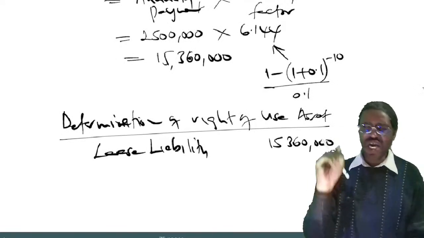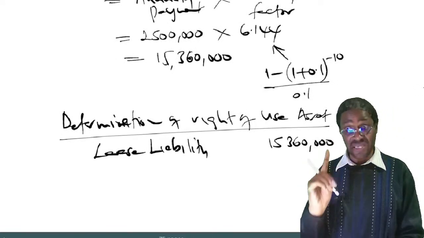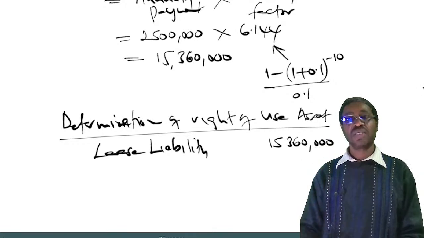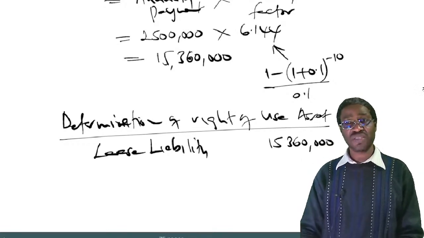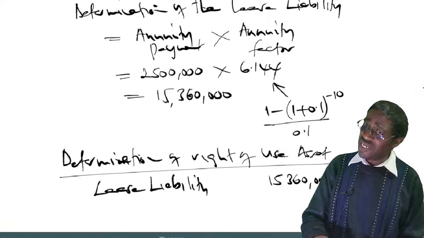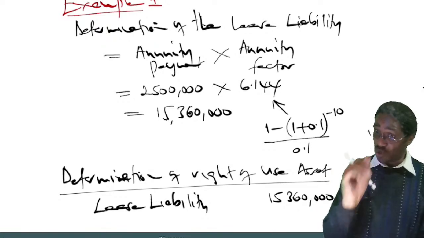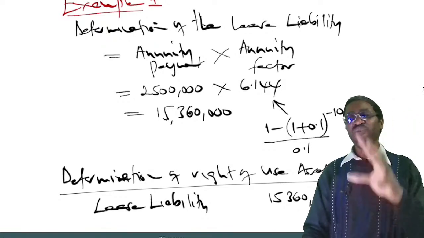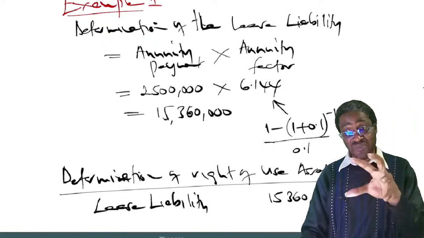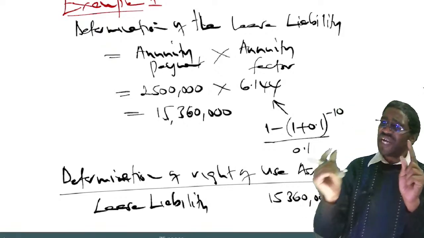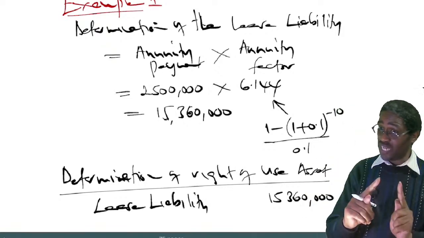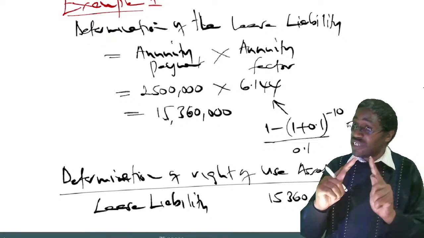If we were paying our installments in advance, I want to mention something. To compute the lease liability, if we are paying our installments in advance, then that power of negative 10 in the computation of the lease liability will not be negative 10.